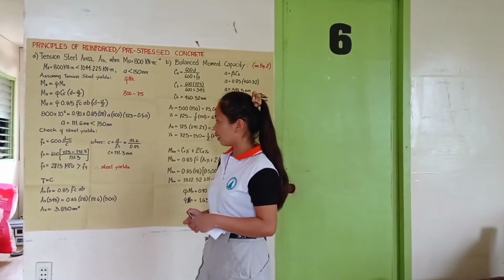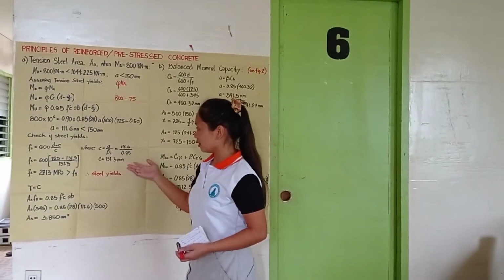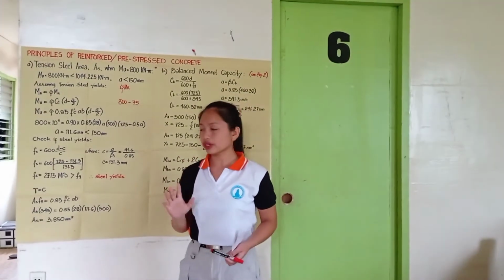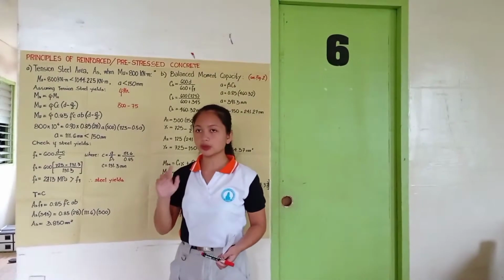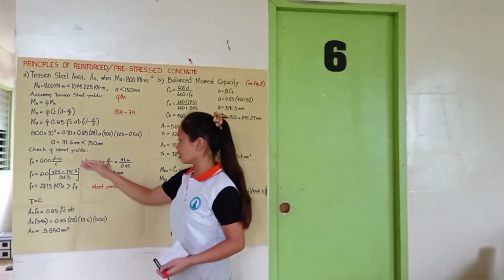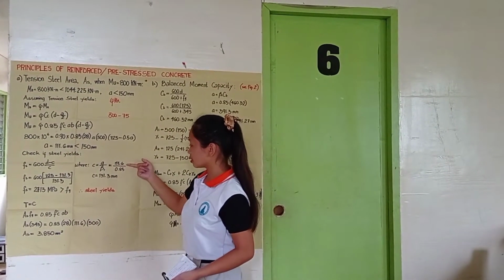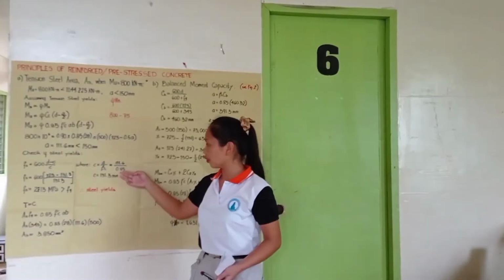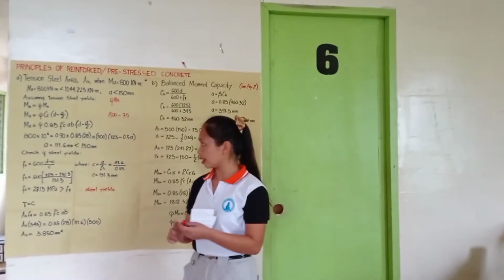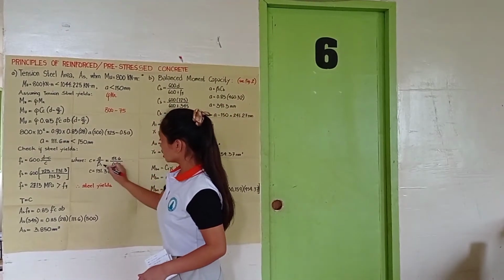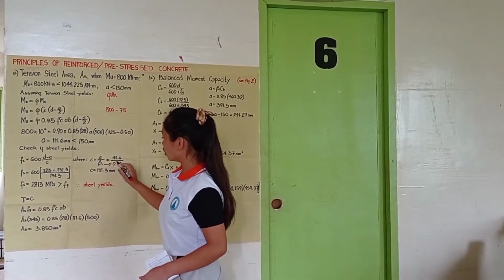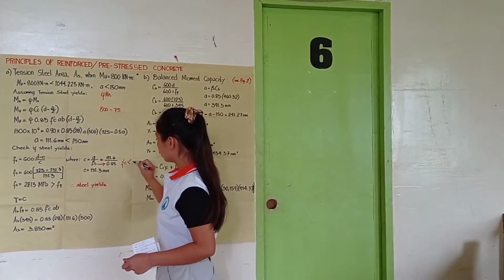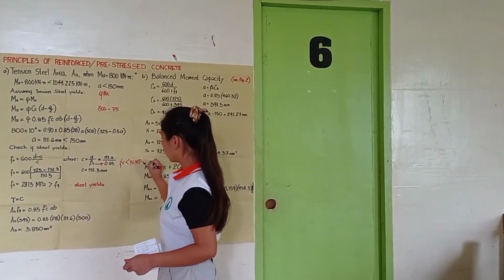So that is 725. And our C, we can see here that C is equal to A over B sub 1. The value of A that we will use for this solution is 111.6 millimeters, so we will substitute 111.6 millimeters for A. And the constant value of our B sub 1 for steel is 0.85, since our F prime of C is less than 30 MPa.